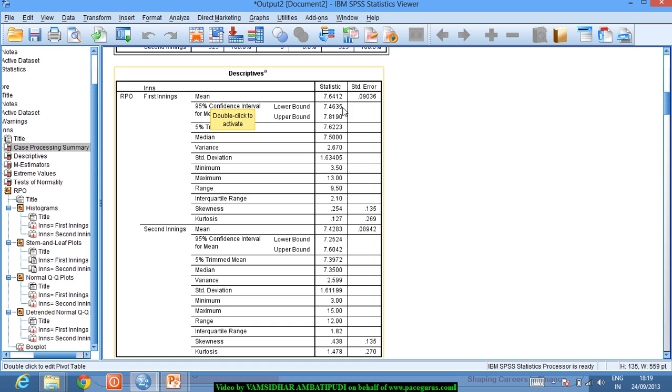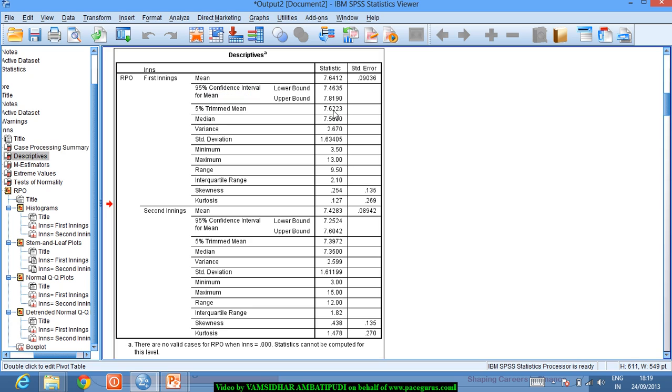Then it is also talking about the 95% confidence interval for the mean. So there is a 95% chance that the mean can lie only between 7.46 to 7.81, whereas here it can lie between 7.25 to 7.6.